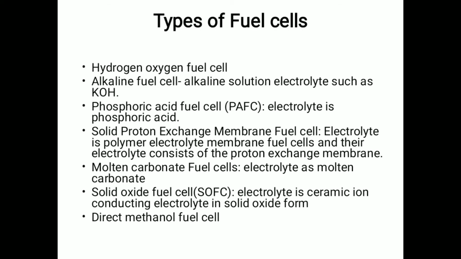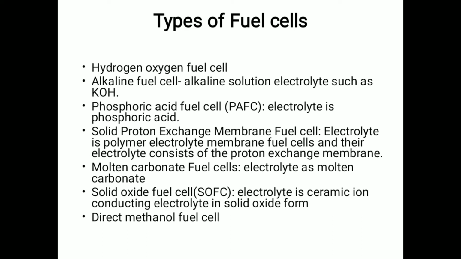For example, among the types of fuel cell, we have the hydrogen oxygen fuel cell, in which we use KOH or NaOH as electrolyte. In the alkaline fuel cell, an alkaline solution such as KOH is used as electrolyte. Then we have the phosphoric acid fuel cell, in which we use phosphoric acid as electrolyte.